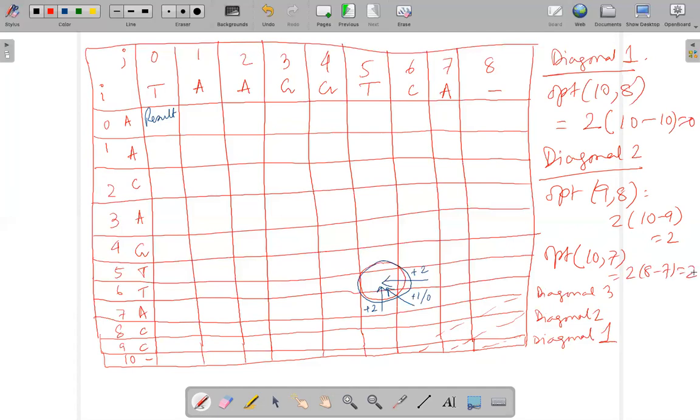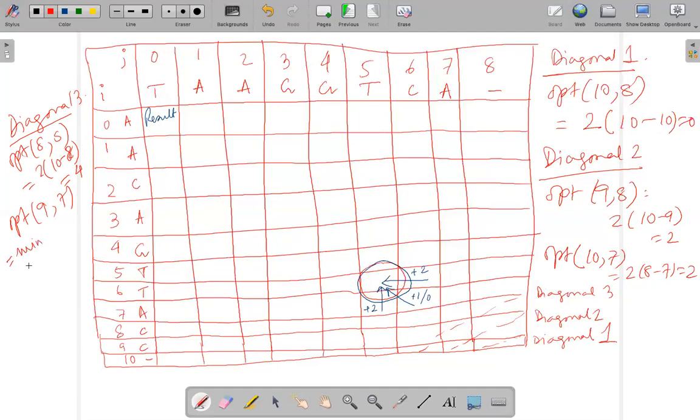Similarly, you can compute elements of diagonal 3. Diagonal 3: OPT 8, 8, that is 2 into 10 minus 8, that is 4. Next is OPT 9, 7. This one actually requires us to invoke the recursion.